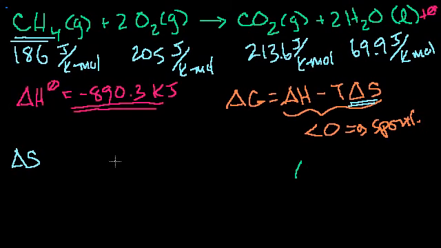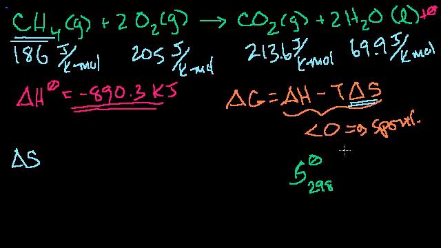And standard, you put a little naught symbol there. When we say standard, it's at 298 Kelvin. You don't use the word degrees necessarily when you talk about Kelvin. So it's at 298 Kelvin, which is 25 degrees Celsius. So it's at room temperature. So that's why it's considered standard temperature.